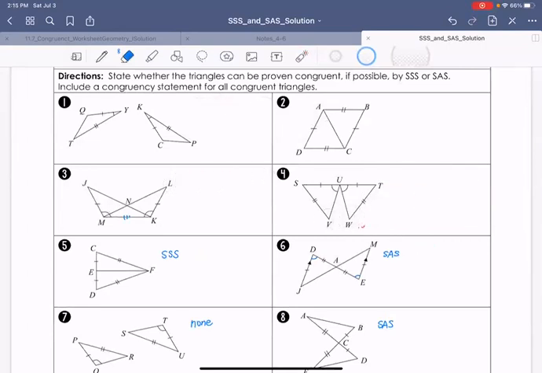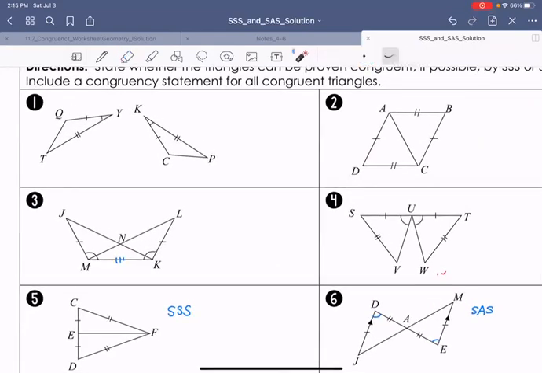Debbie, number 3. The graph shows you these two are congruent. This angle is congruent. This side is congruent. So, side angle side. Very good. How about this one?